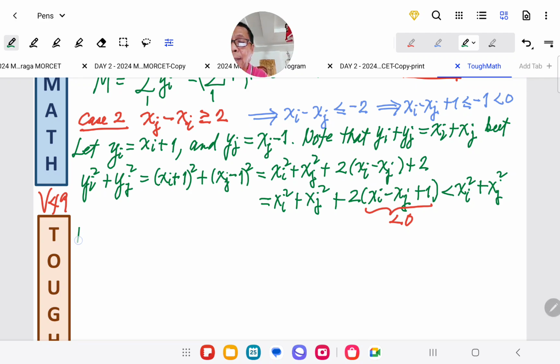So we see that the sum of squares decreases.